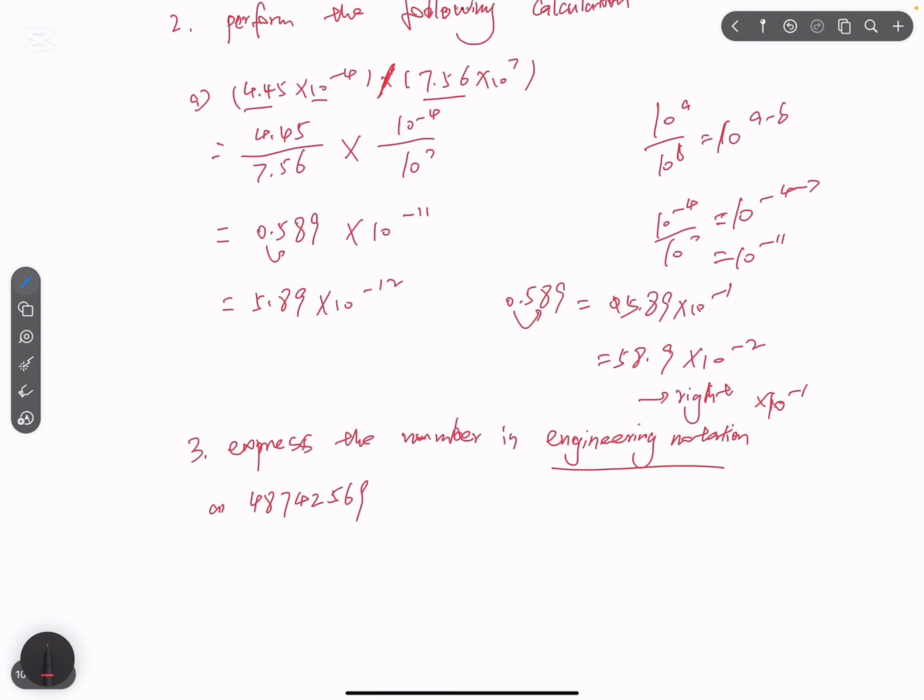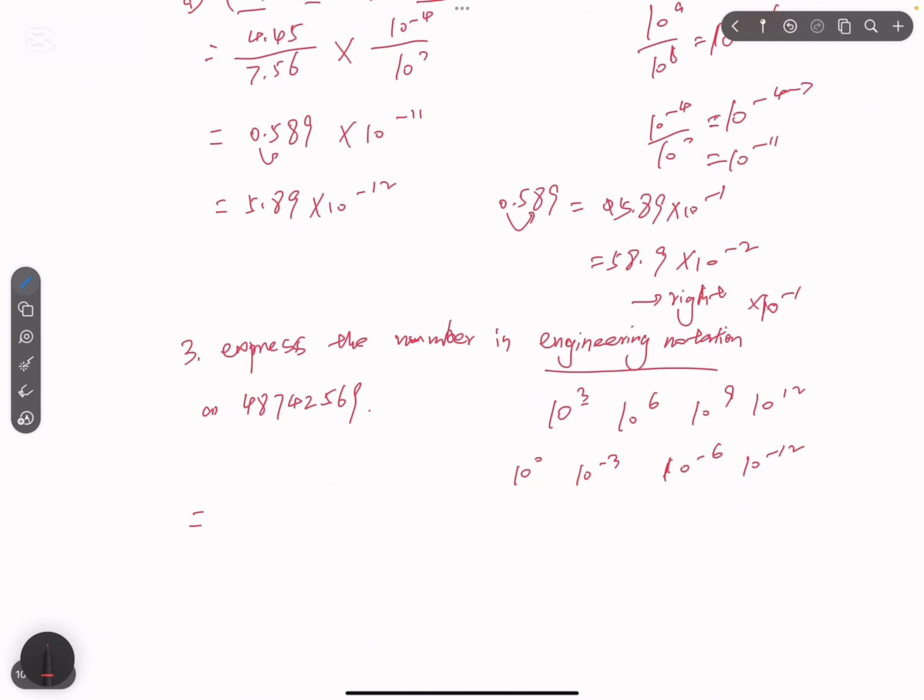Engineer notation basically is 10 to the power of multiples of three. We could have 10 to the 3, 10 to the 6, 10 to the 9, 10 to the 12, or 10 to the 0, 10 to the minus 3, 10 to the minus 6, 10 to the minus 12.